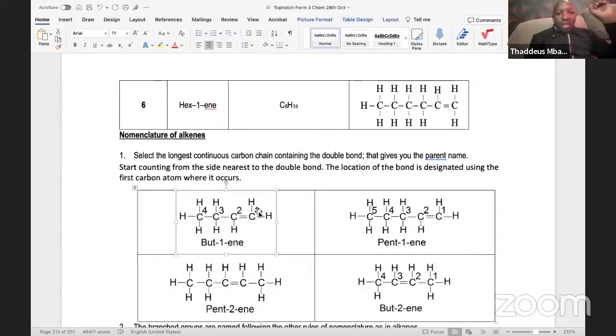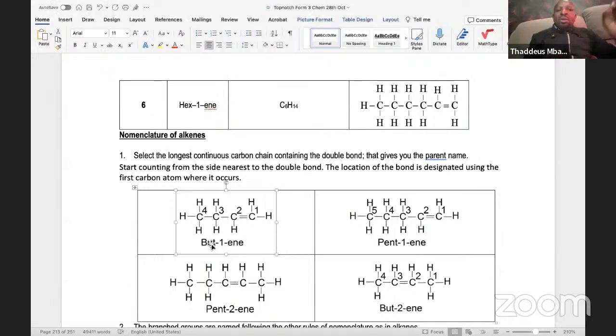So you start counting 1, 2, 3, 4. So from this end, you can see that the double bond occurs between the first and the second carbon atom. So you are supposed to pick the first carbon atom where it occurs. So if the double bond occurs between the first and the second, it first occurs at the first. You get the lower number there.